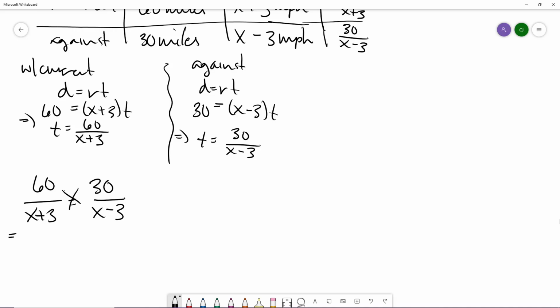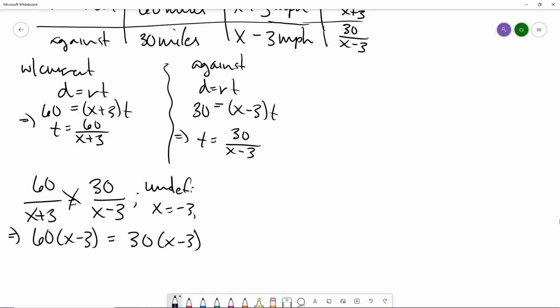So that is going to be 60 times X minus 3, equal to 30 times X plus 3. Before I continue, I almost forgot, we do have to establish when this is undefined. This is undefined when X is equal to negative 3 and positive 3.